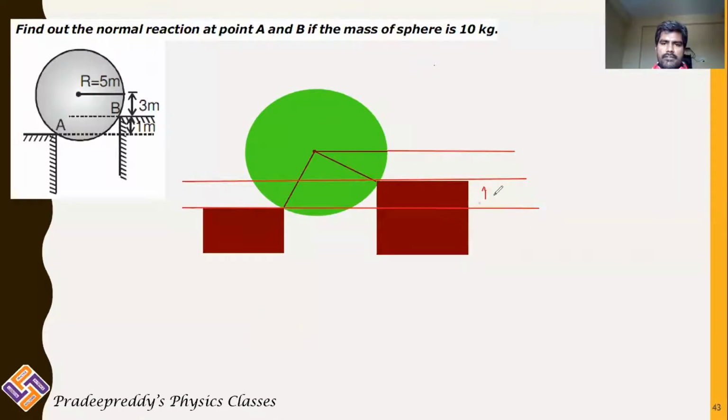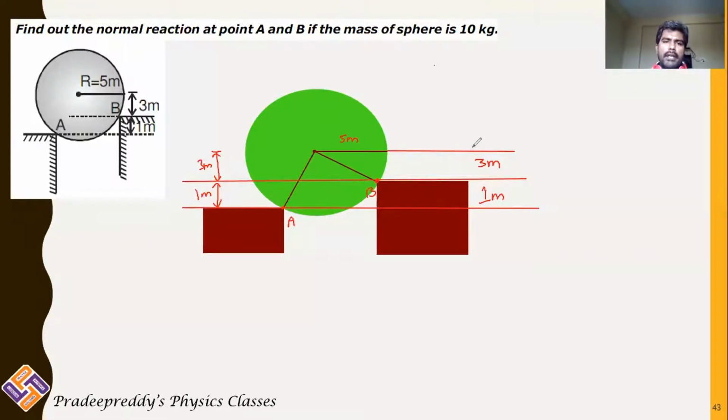This length is given as 1 meter, and this length is given as 3 meter. This point is treated as B, and this point is treated as A. This upper length is measured to be 3 meter from the center, and the radius is given as 5 meter. That is the data which you have in the question.